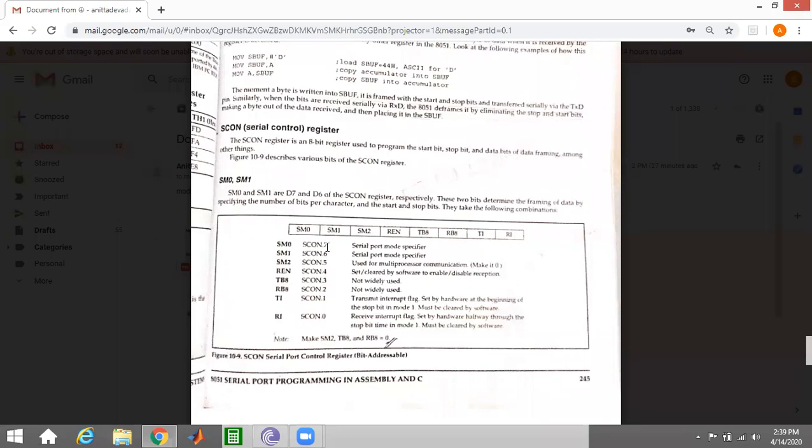Then REN is this pin. It is set or cleared by software to enable or disable reception. For receiving, it should be 1. This REN bit is for enabling or disabling reception, receiving the data.